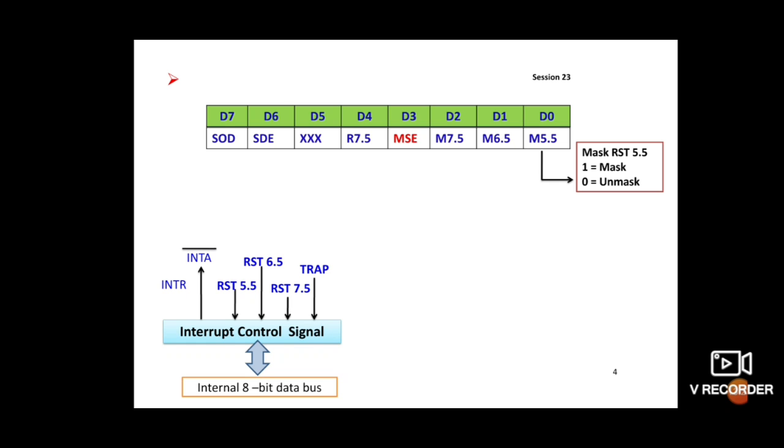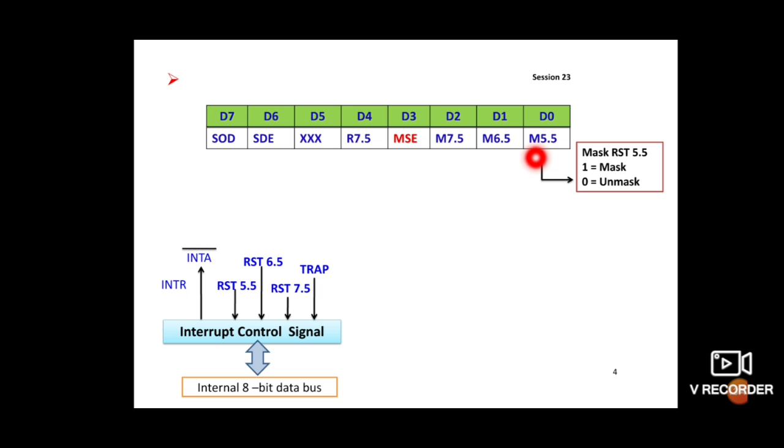Because at the D0 position we stored 1, it is masked. But if we don't want to block the interrupt, then we store 0 at the D0 position. Then the 8085 microprocessor accepts the interrupt. Understood, student? What is the difference between 1 and 0?